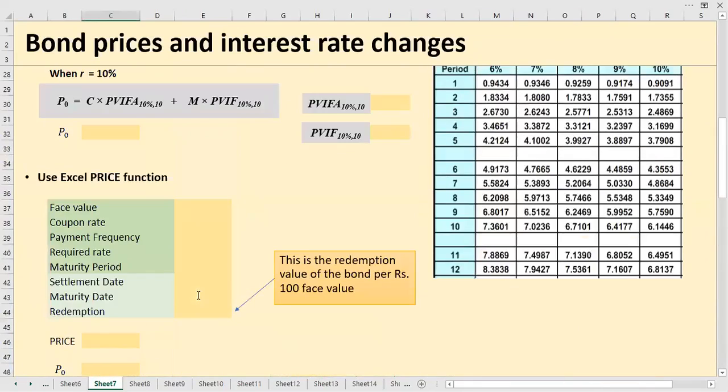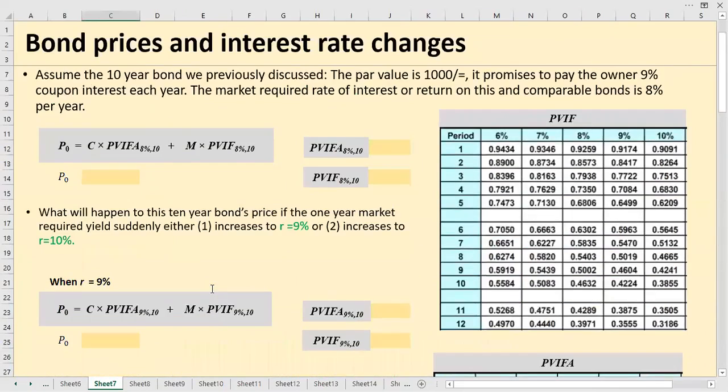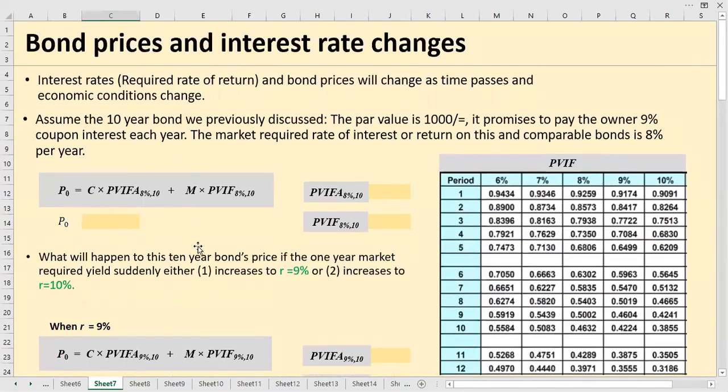Here we calculated, and here we calculated these changes. So what I am going to do is take the same example here.